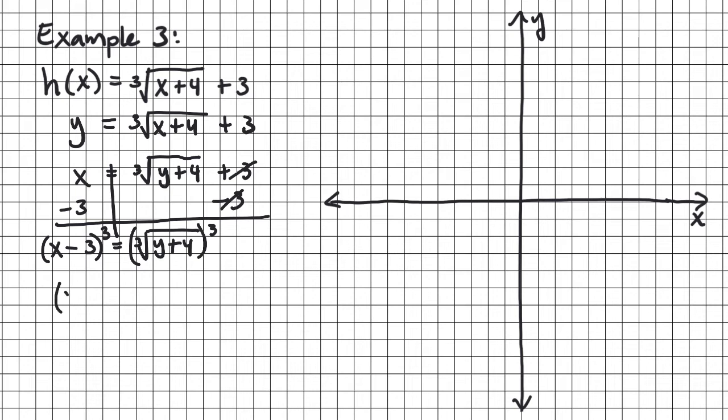So I'm going to end up with x minus 3 to the third power equals y plus 4 because the cube root and the cube cancel. Then to get y by itself, I'm going to subtract 4. 4 minus 4 on the right cancel. So I'm left with y equals x minus 3 to the third power minus 4.